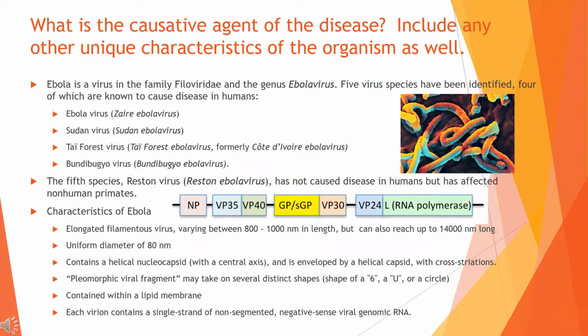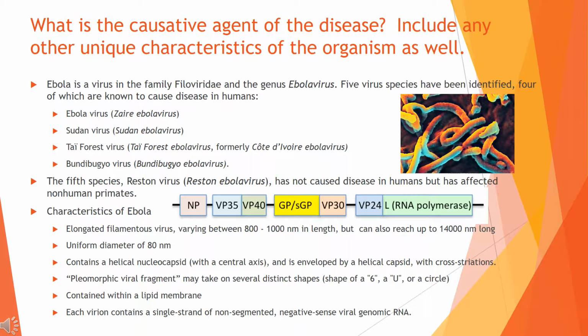Also, Ebola is contained within a lipid membrane, and each virion contains a single strand of non-segmented negative sense viral genomic RNA, which is also part of its genome.